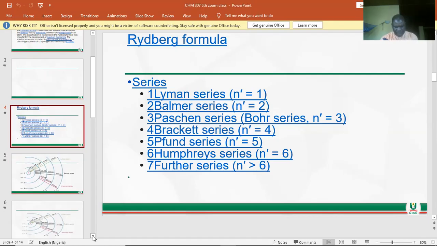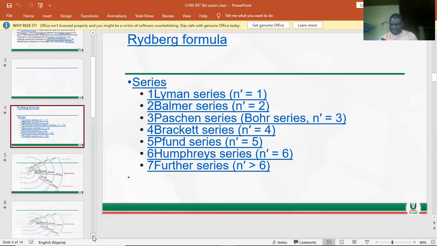Now, the atomic spectrum, as we said, is when light generated from the element by heating or from a gas as a result of the passage of electricity through a spectroscope produces a spectrum known as the emission spectrum.